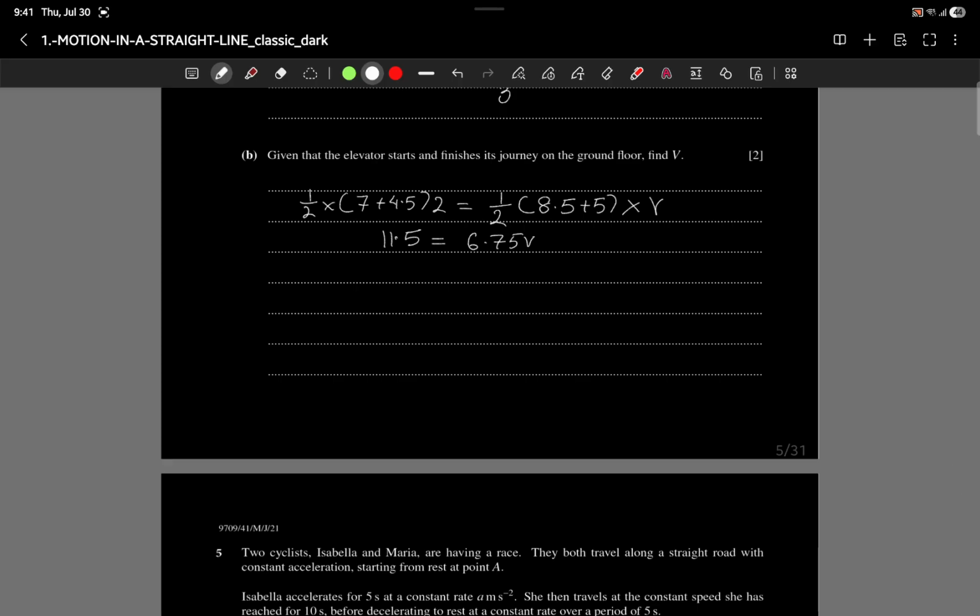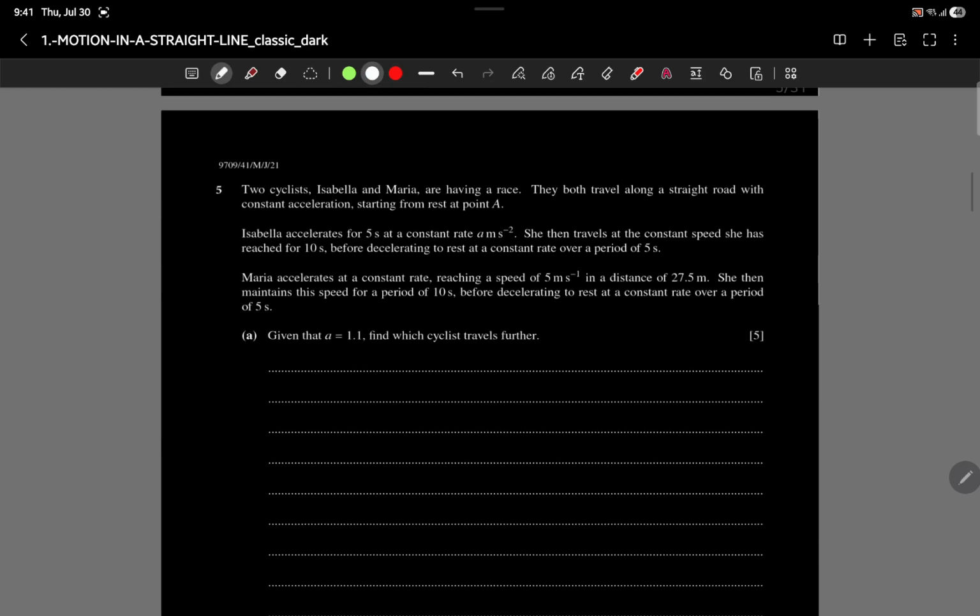Wait, I think I made a mistake. It's not supposed to be like this. Hold up. Okay, v we get is 1.70. Okay, yeah, it's correct. Never mind. 3 SF. Always round off to 3 significant figures.